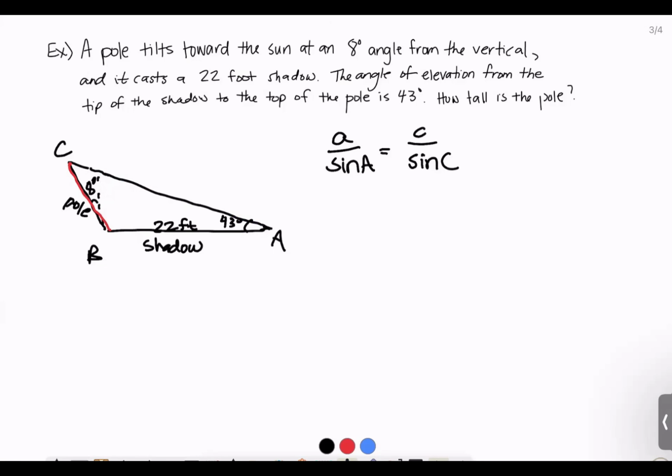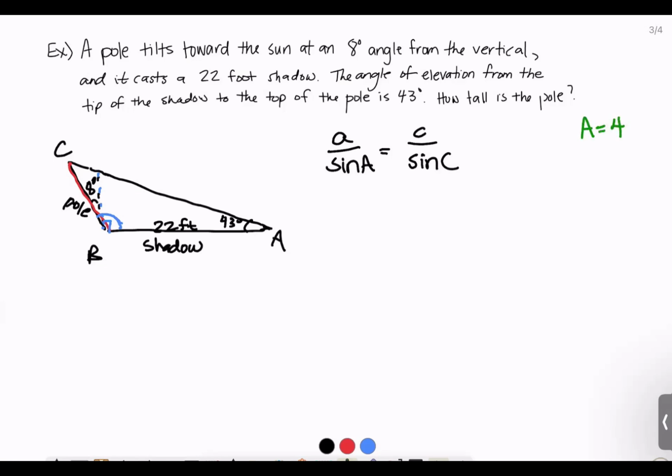From this information that we're given, we can determine the measure of angle B. So this vertical there makes a 90-degree angle with the ground. So angle B has got to be 90 plus that 8 degrees that the pole is leaning. Okay, so we got 90 degrees to the vertical, and then we're leaning out 8 more. So angle B is going to be 90 degrees plus 8.